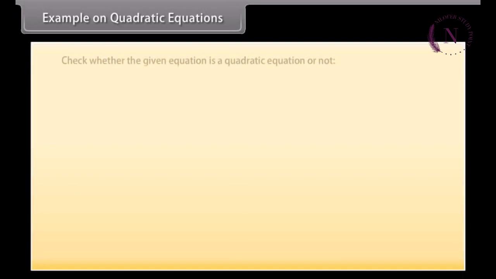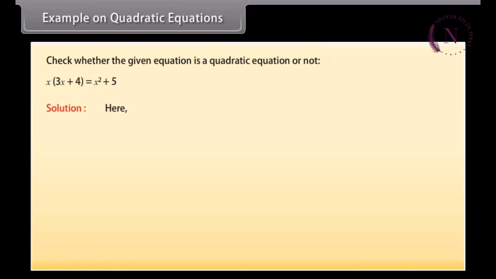Example on quadratic equations. We will now check whether the given equation is a quadratic equation or not. Solution. Here LHS is equal to x into 3x plus 4, which is equal to 3x squared plus 4x.